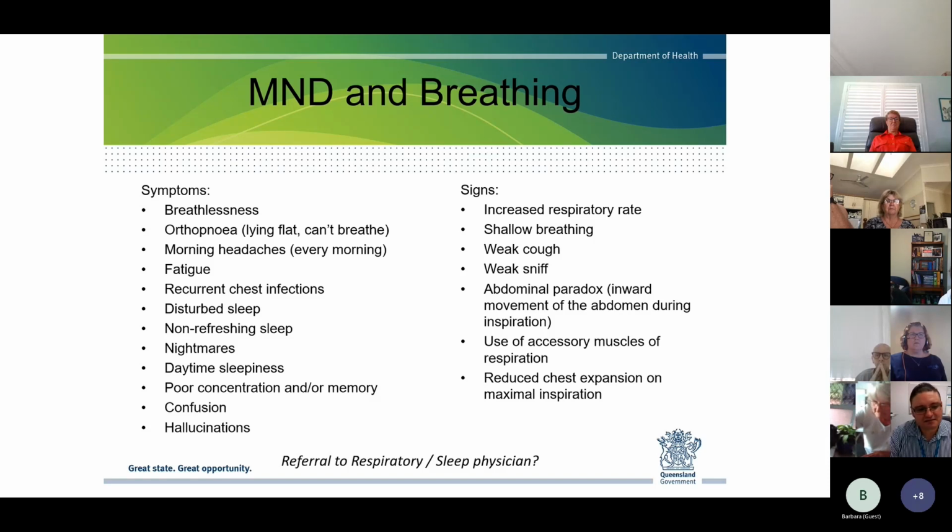Daytime sleepiness. And then the last three are more of the type 2 respiratory failure event. So you'll start experiencing poor concentration and memory problems, confusion, hallucinations, and the next step will be non-responsive. For example, I had a patient who hallucinated dancing potatoes on the roof right before they went to full-blown respiratory failure.